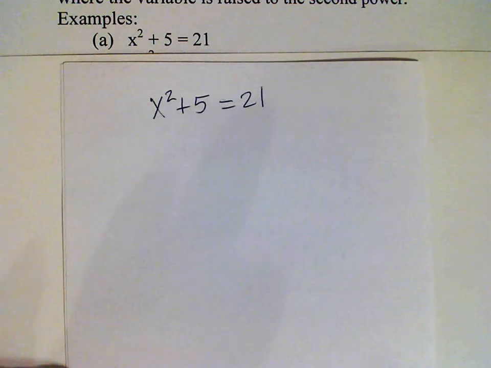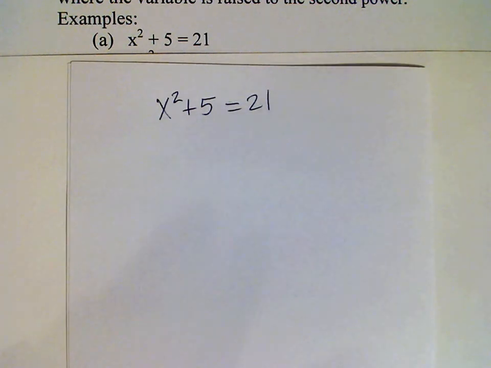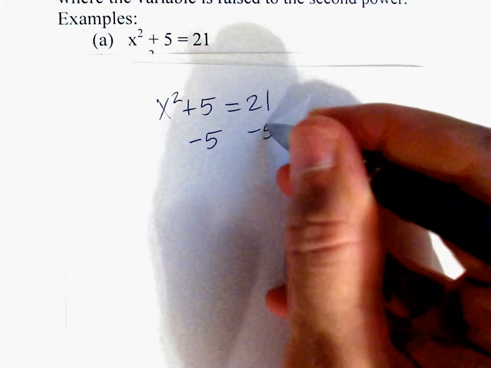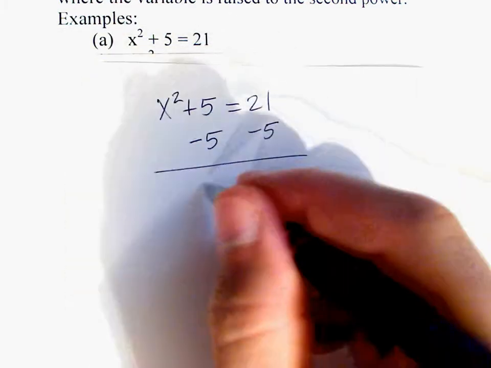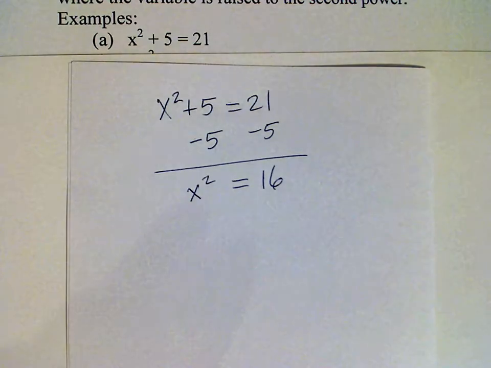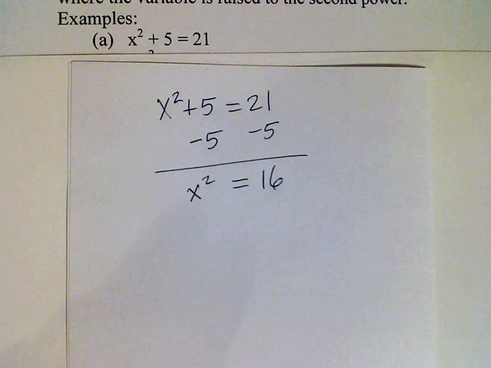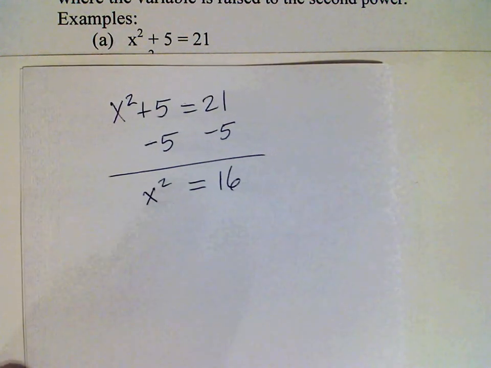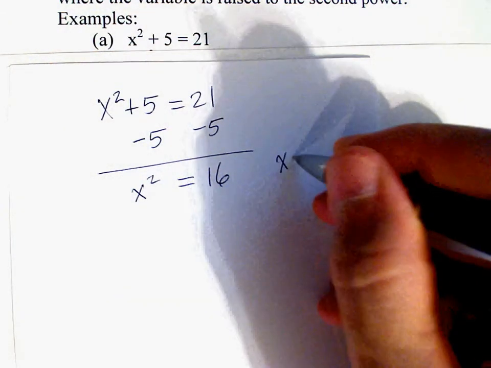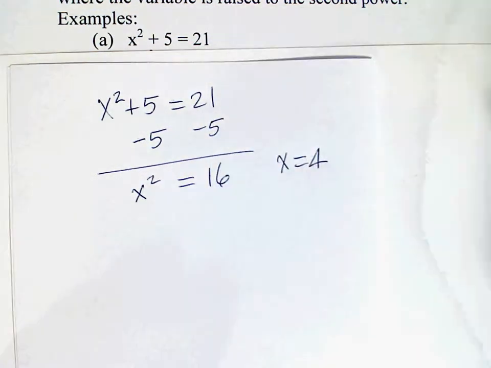We see that 5 is being added. We can get rid of that 5 by subtracting it. Subtracting 5 from each side gives us x squared is equal to 16. Well, if x squared equals 16, then we can take square roots and get the answer, x equals 4.